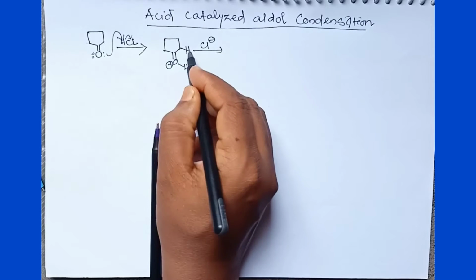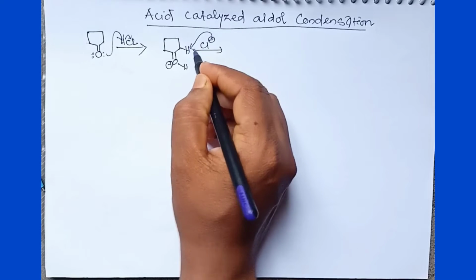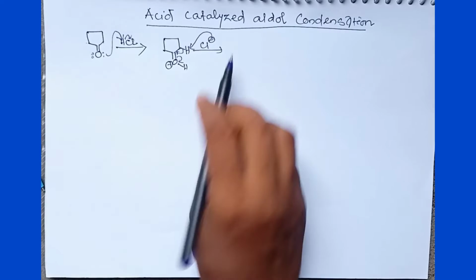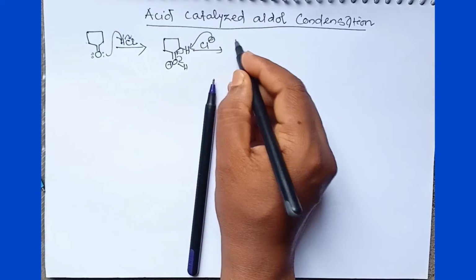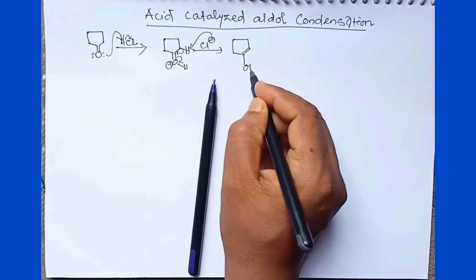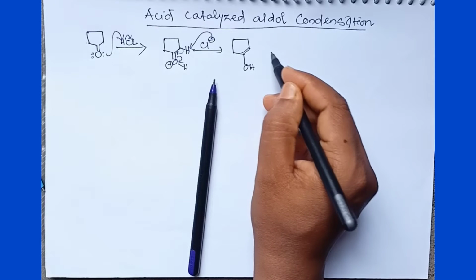Now there is one alpha hydrogen. This will be abstracted by the chloride ion and it will undergo resonance. The structure will be, okay. Now what will happen?